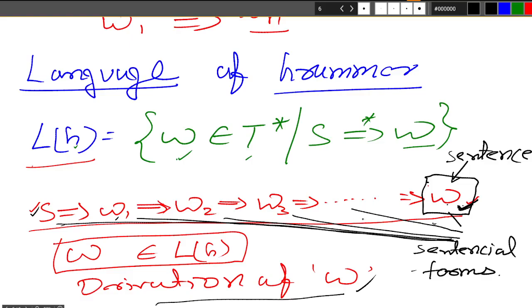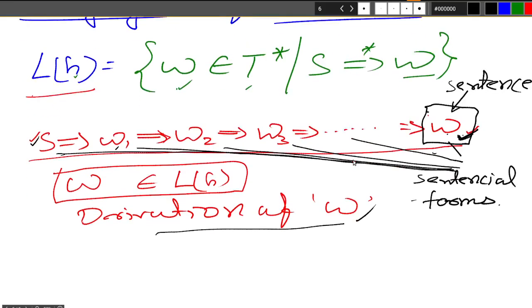So while deriving, you try to create a derivation tree. Suppose you have to derive from S, certain rules should be there. For example, you have started with S, and you have a rule S gives AB, so you can replace S with A as well as B, these two variables.